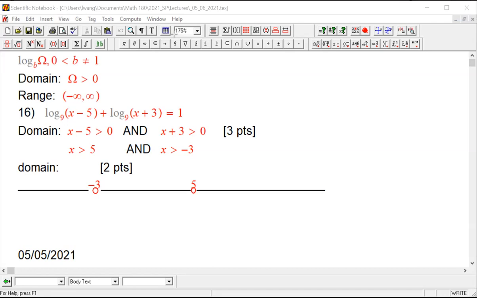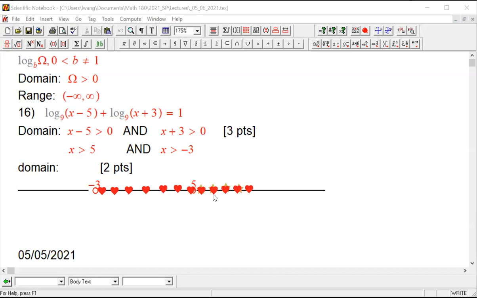Larger than -3 would include all of these points, and keep going.